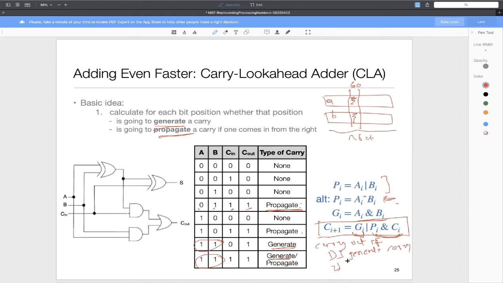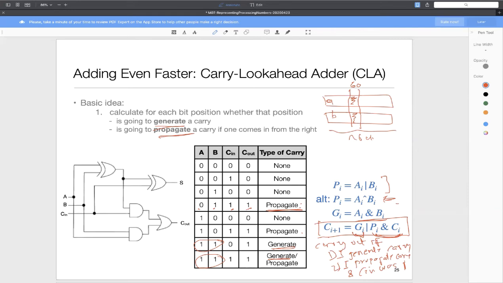Number 2, I propagate a carry, and carry in was 1. These are intuitively the two settings. That carry out from my bit position would be high if I generated a carry, which means both my bits were 1, or carry in was 1 and I'm propagating it. So those are the situations under which this will happen.